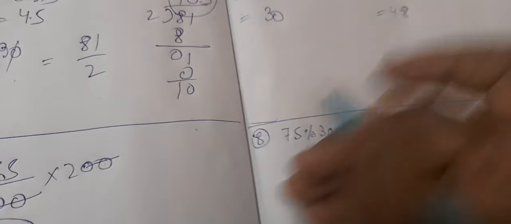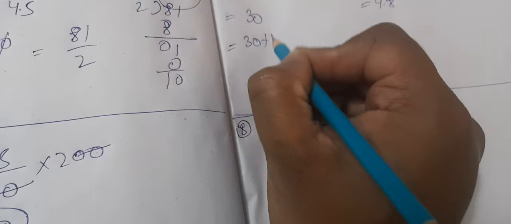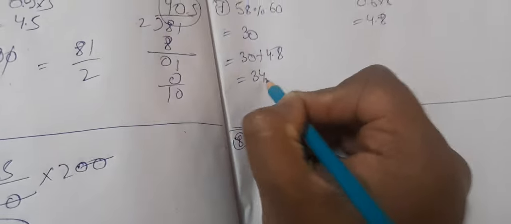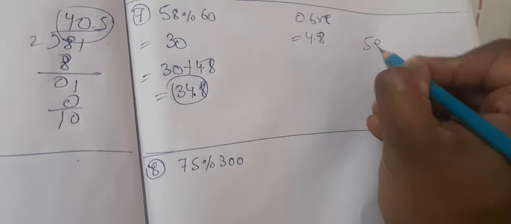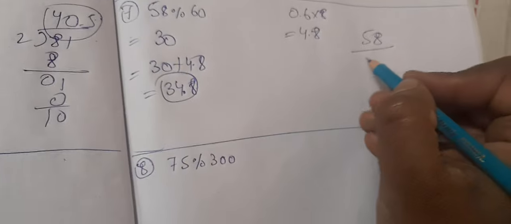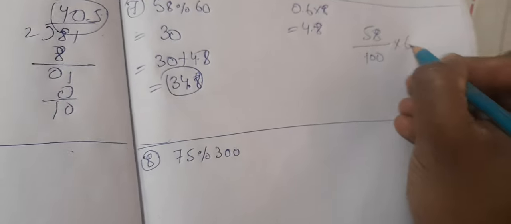So 30 plus 4.8 is 34.8. Now check this through the normal method, that is 58 by 100 into 60.